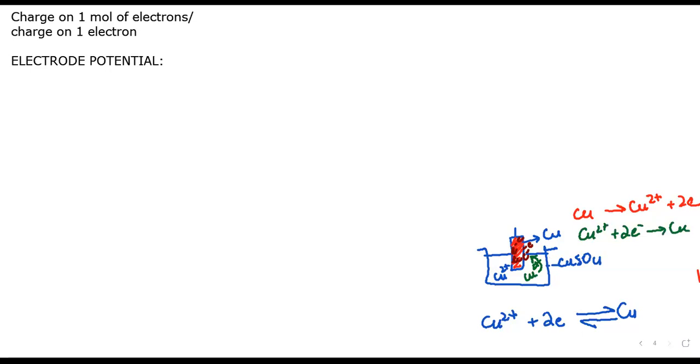So eventually you will end up getting to an equilibrium stage where you will have a redox equilibrium, when the rate of electron gain equals the rate of electron loss. So the amount of electrons being gained by copper ion is equal to the amount of electrons being lost from the copper atom as it dissolves into the solution, right?